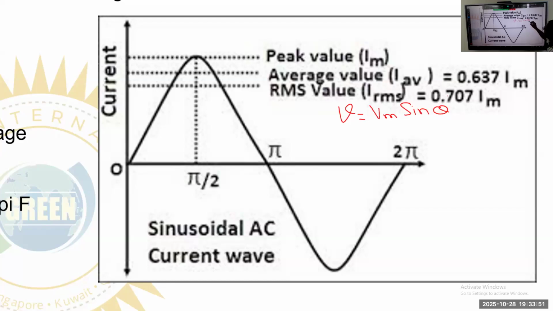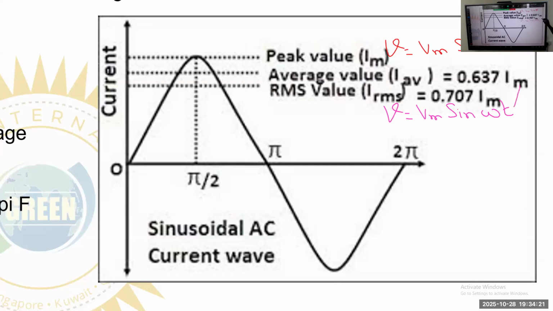That's why, instead of theta, we write in terms of time taken. So the formula is rewritten: instead of theta, we write Vm sin omega t.